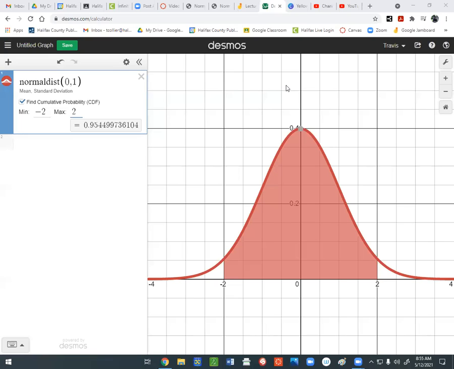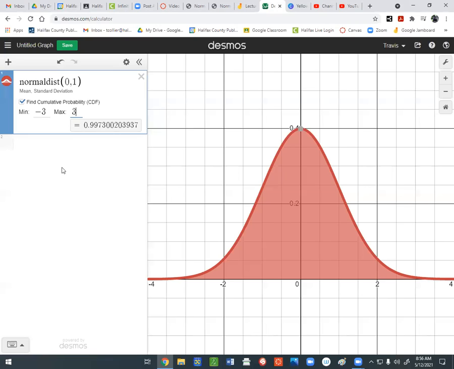All right, the last thing we're going to do is change the minimum to -3 and the maximum to +3. So now we're 3 standard deviations away from the mean, the axis of symmetry.